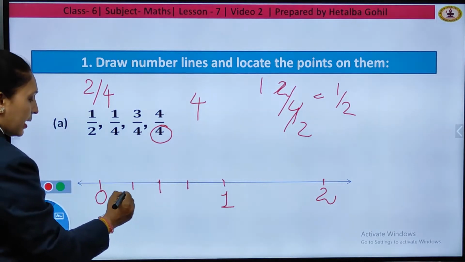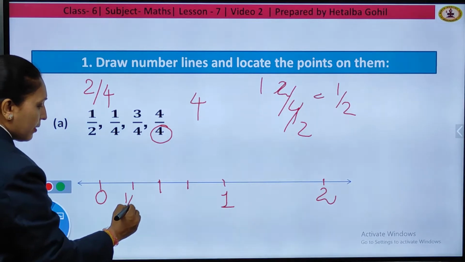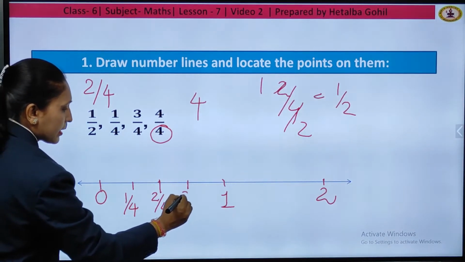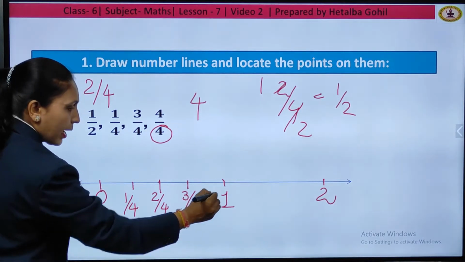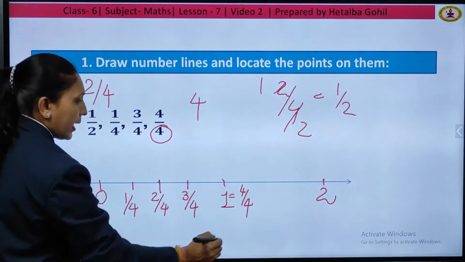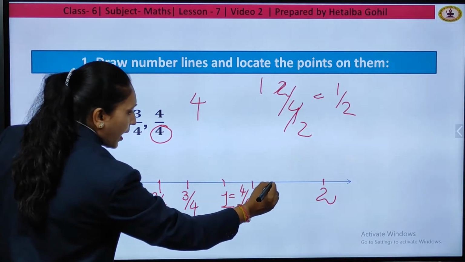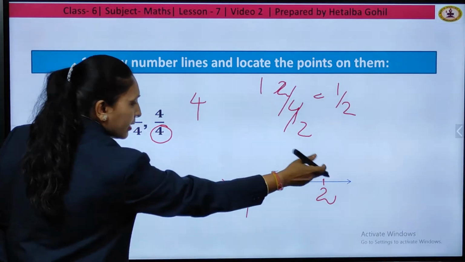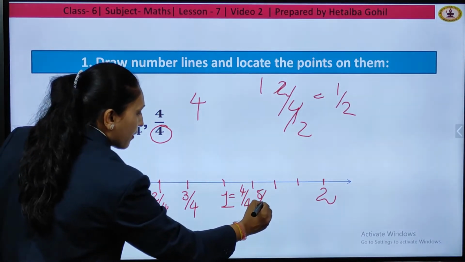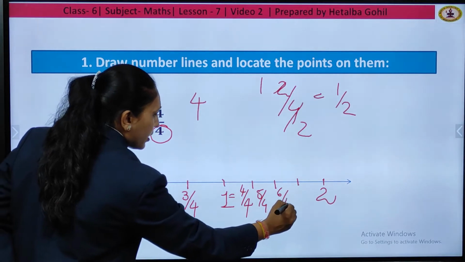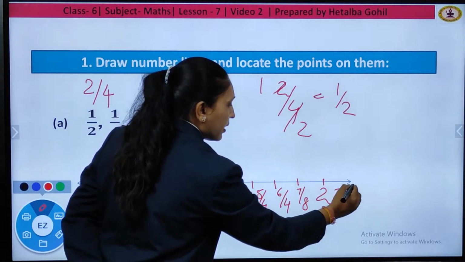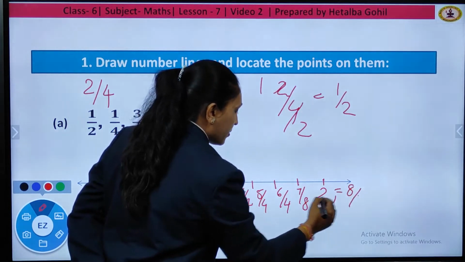So the first one after 0 will be 1 by 4, this is 2 by 4, this is 3 by 4 and 1 is equal to 4 by 4. And after that, if you want still 1, 2 and 3, the fourth one will be 2. So next it can come 5 by 4, 6 by 4, 7 by 4 and last, 2 will be equal to 8 by 4.